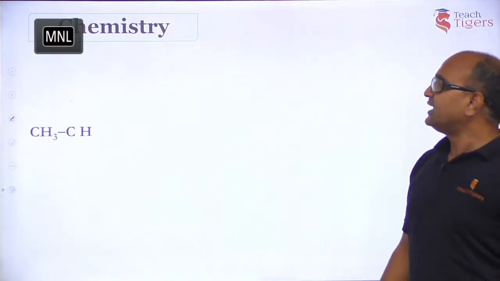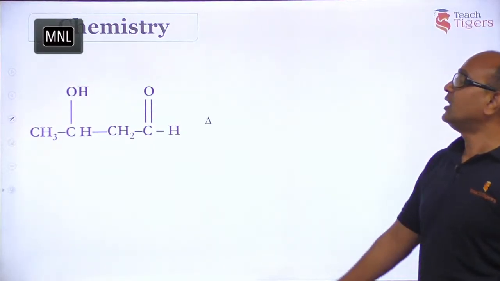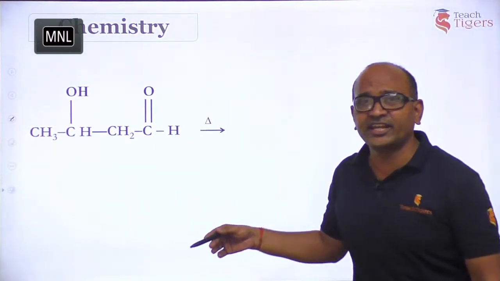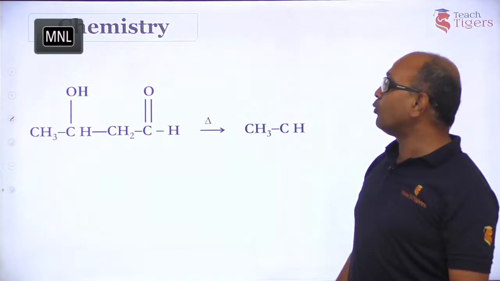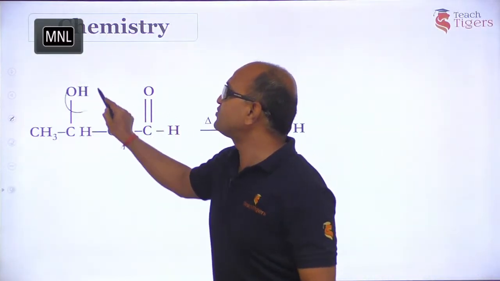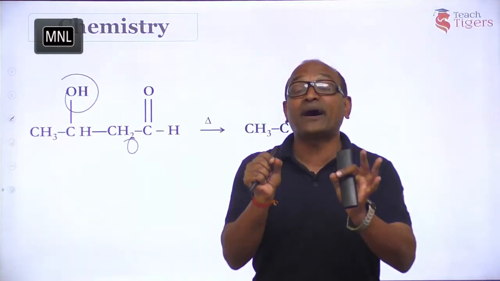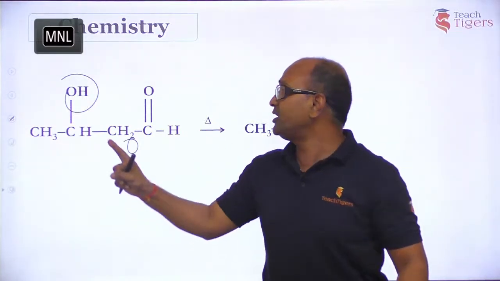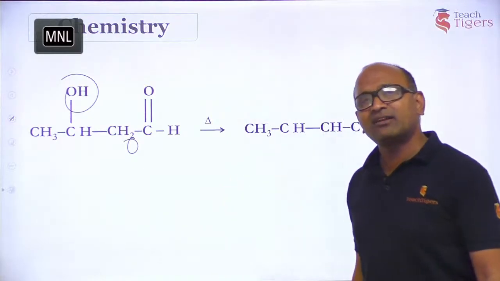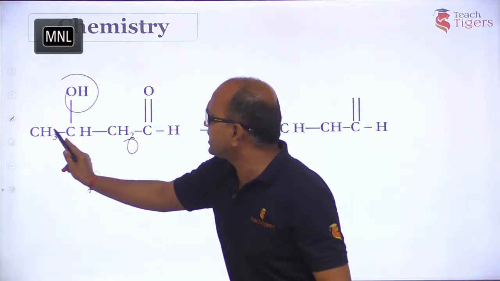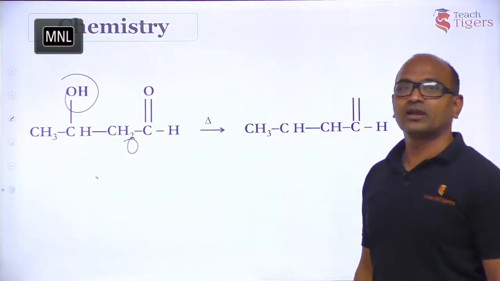For example, let's see this case. This was our beta hydroxyaldehyde. Just heat it and you have a bond. Water gets eliminated: OH from beta carbon and H from alpha. Remember, the pi bond is always formed between alpha and beta carbon. But sir, why not between beta and gamma? What's the reason?